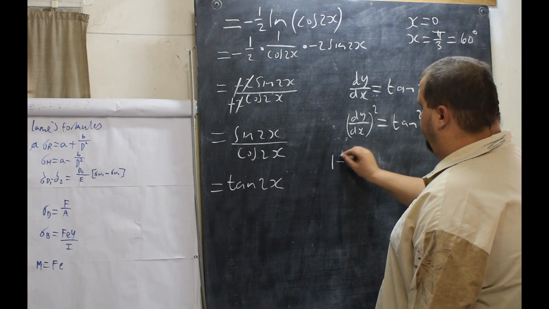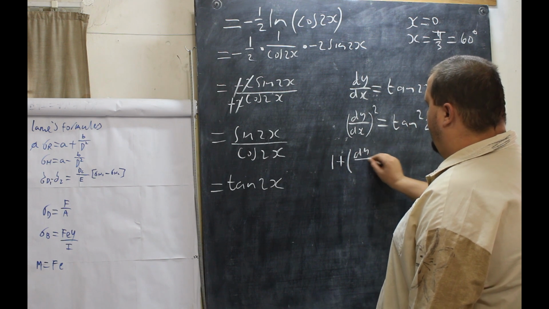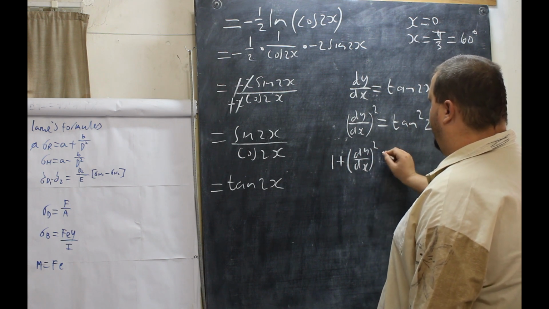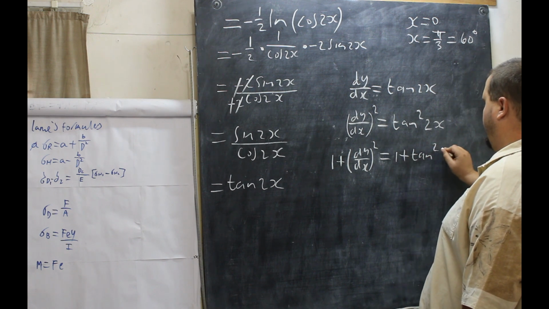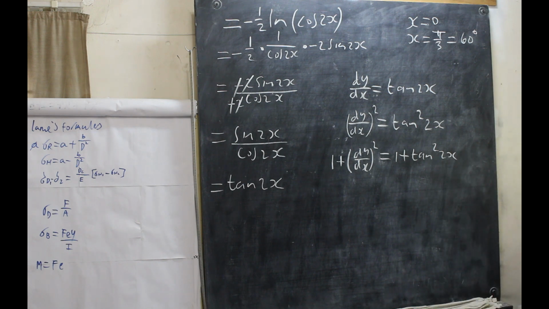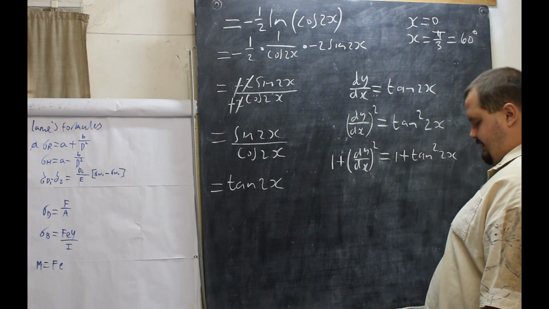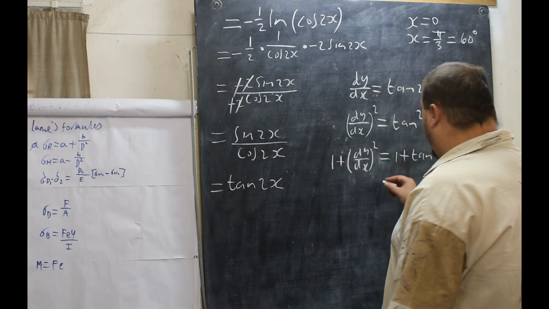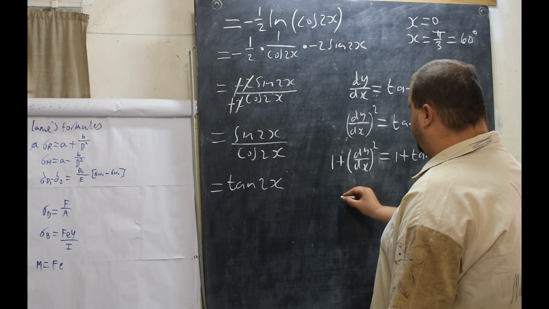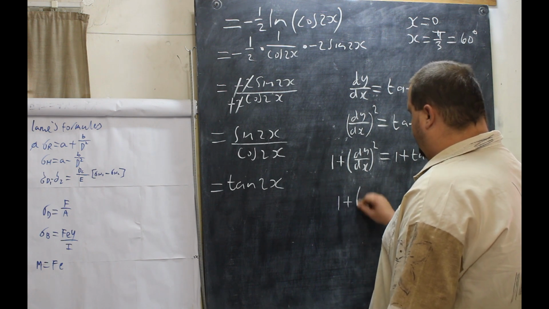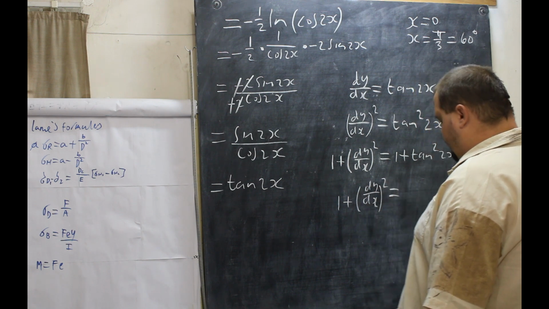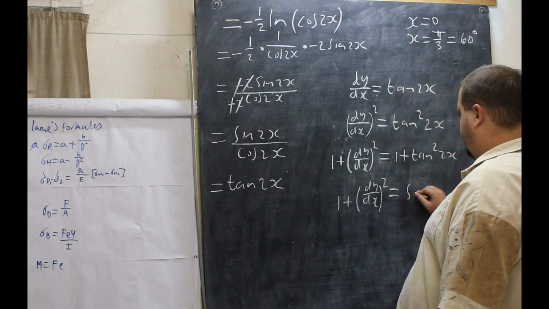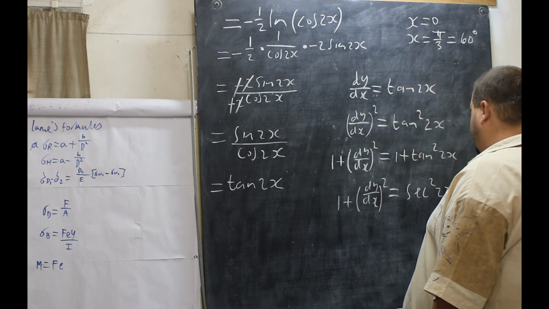Now we go 1 plus dy over dx squared equals 1 plus tan squared 2x. Now this is an identity. The identity is sec squared 2x. So 1 plus dy over dx squared is equal to sec squared 2x.